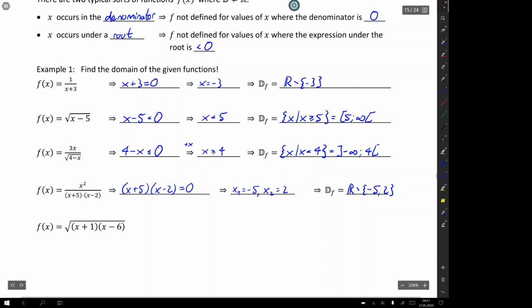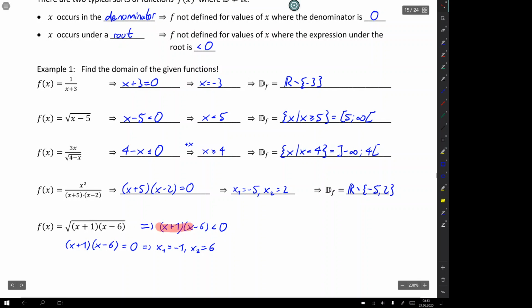minus 5 and 2. And the last example, the most difficult one: here we have a problem if the expression under the root is negative, so x plus 1 times x minus 6 is smaller than 0. To find out where this is true, we instead just set the expression equal to 0 and solve it.